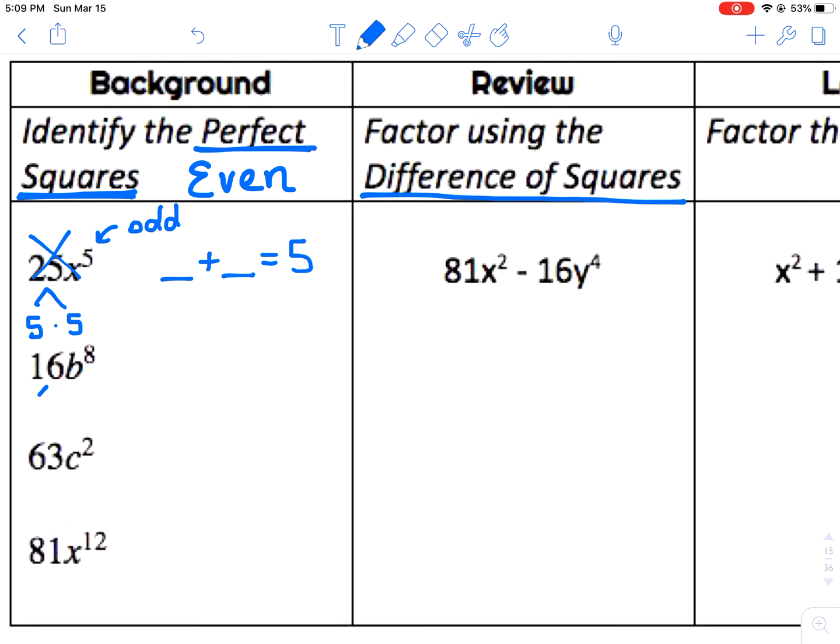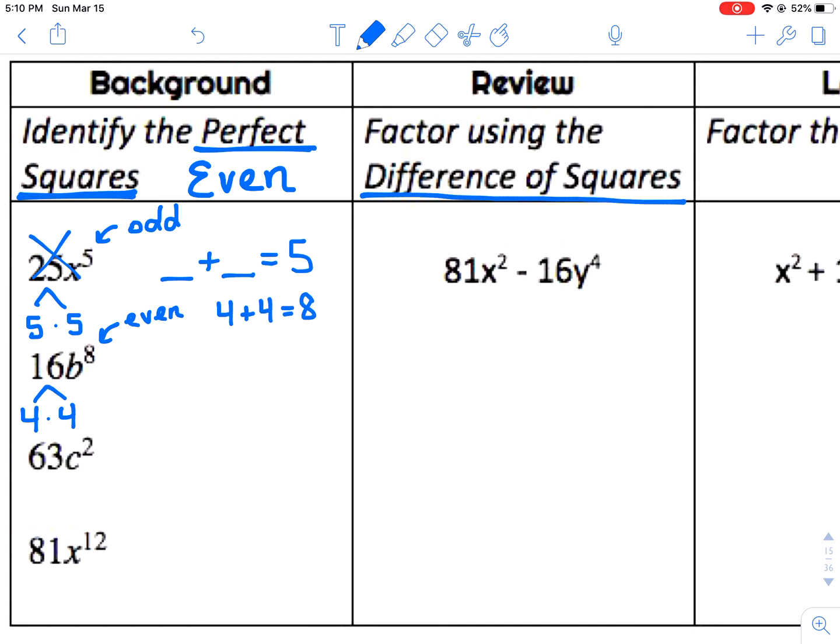The next one is 16b^8. 16 can be split into 4 times 4, and 8 is even because 4 plus 4 equals 8.